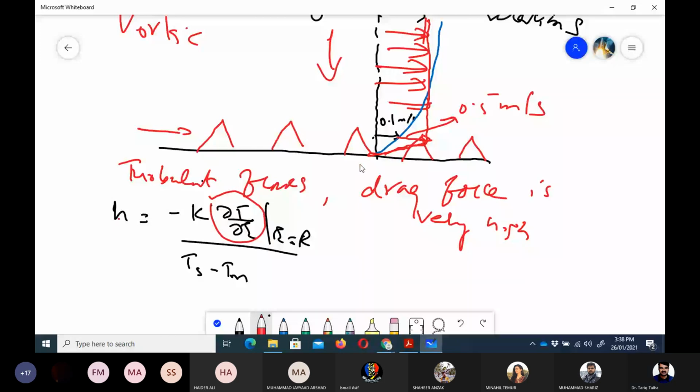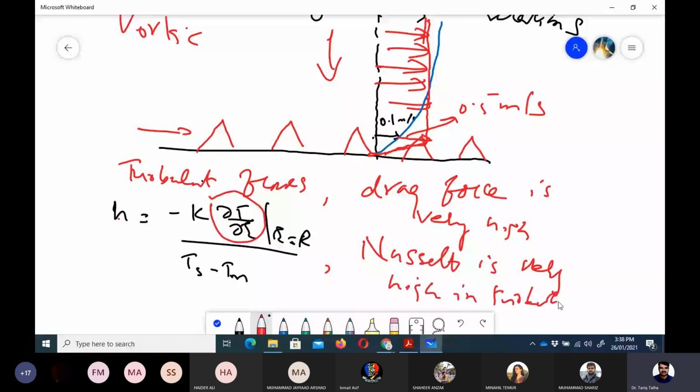So when the high energy molecules come here, the temperature gradient would also be more. So that's why the Nusselt number would also be more in turbulent flow. So this translation of high energy molecules towards the pipe surface basically explains the higher drag force and higher Nusselt number value in case of turbulent flow.